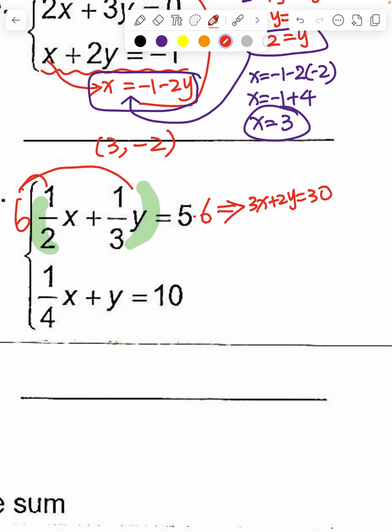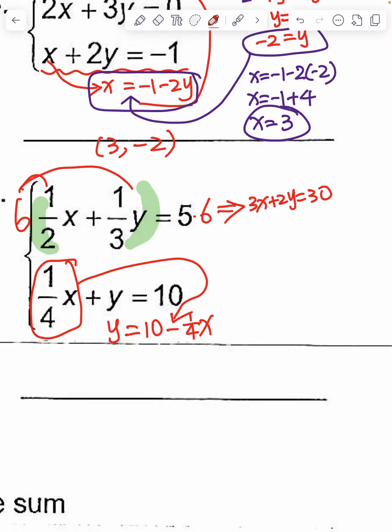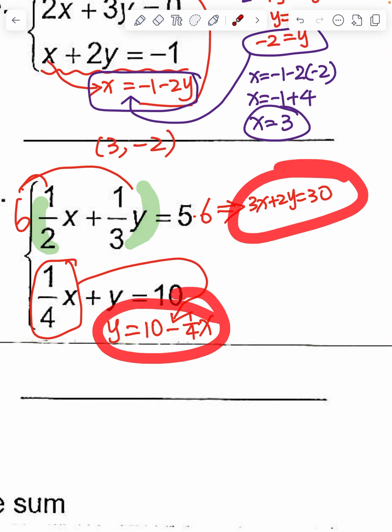Okay, from the second equation, we know y equal to 10 minus 1 over 4x. I put a positive 1 over 4x to the other side to become minus, right? Now I'm going to use this equation here and replace the y value by this.